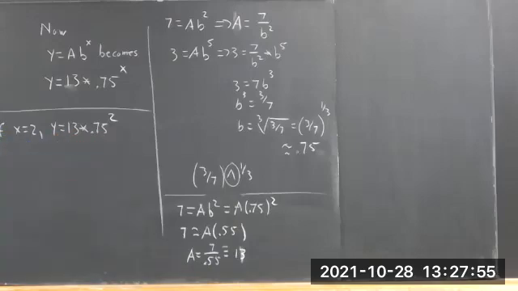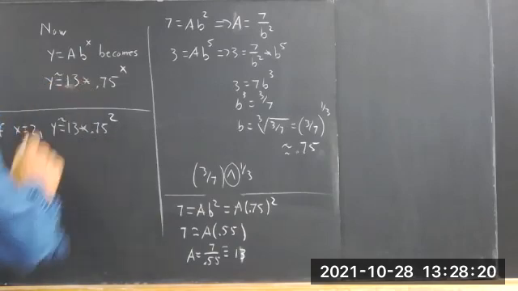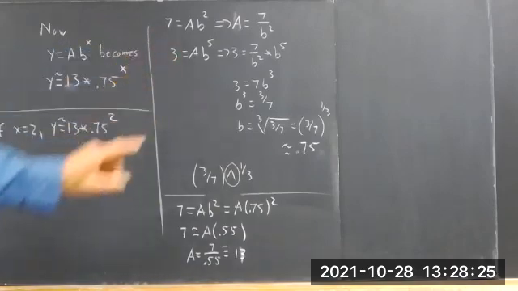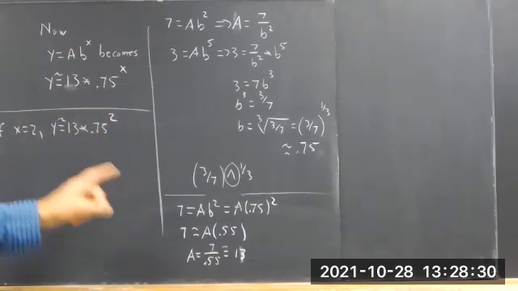What's 13 times 0.75 squared? Now it's not going to come out exactly 7 because we've got a round off error here. What do you get?